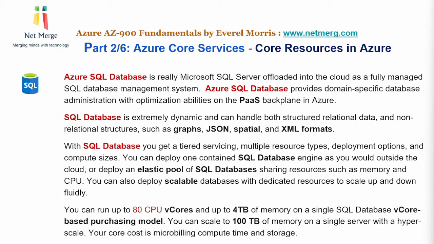And finally, you can run up to 80 CPU vCores and up to 4 terabytes of memory on a single SQL database vCore using the vCore-based purchasing model. You can scale up to 1 terabyte of memory on a single server with hyperscale. Your core cost is micro billing, so you pay for the compute time and storage. So again, you're using the consumption-based model to the fullest using this database solution.